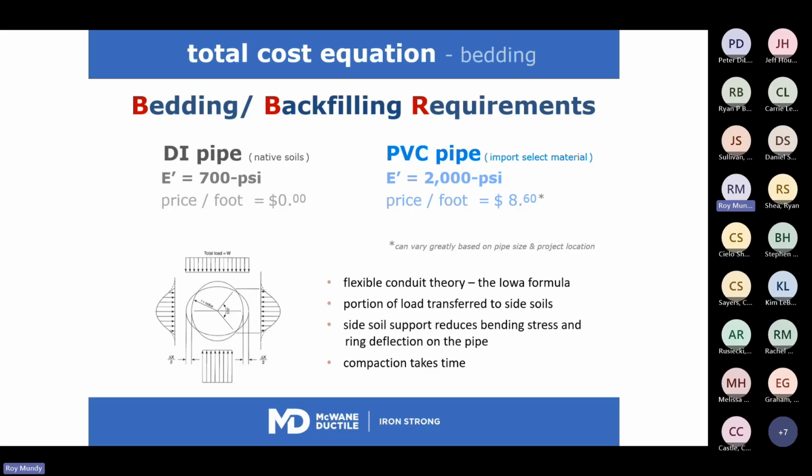You can see that in today's dollars, because these are today's dollars for Tom, that $3 is now $8.60. So he adds $8.60 to every foot of PVC pipe bid in terms of bedding requirements, and nothing for ductile iron pipe because he basically constructs a type 1 trench.